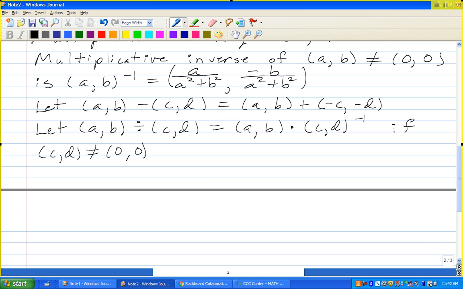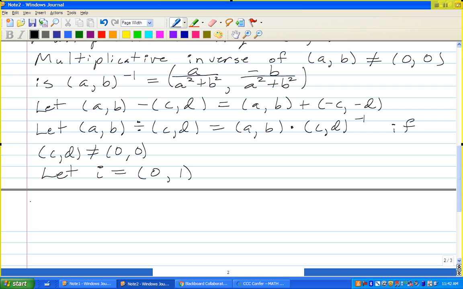Okay. Now, let us note the following. Let i denote the ordered pair (0, 1).